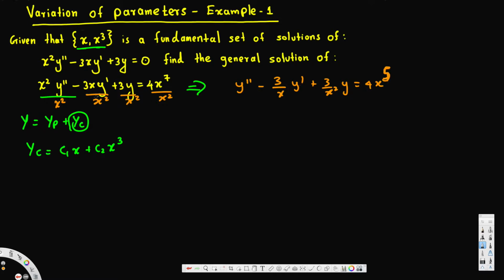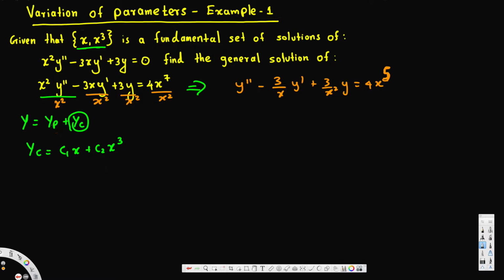After that, we have to write the characteristic equation: r squared minus 3 over x r plus 3 over x squared is equal to 0. We have to equate this to 0 and find the real roots if they don't give the complementary solution. But since they have given it, we can directly write it.